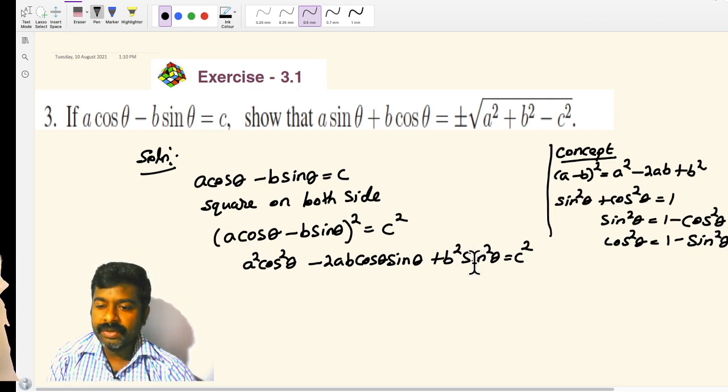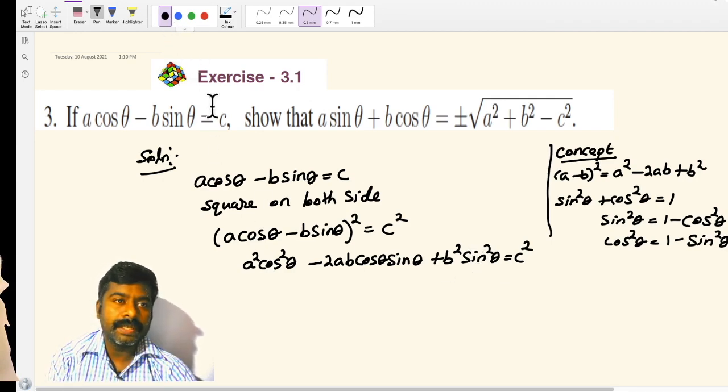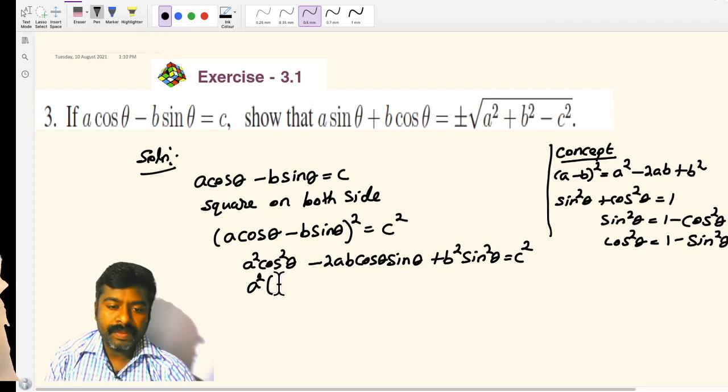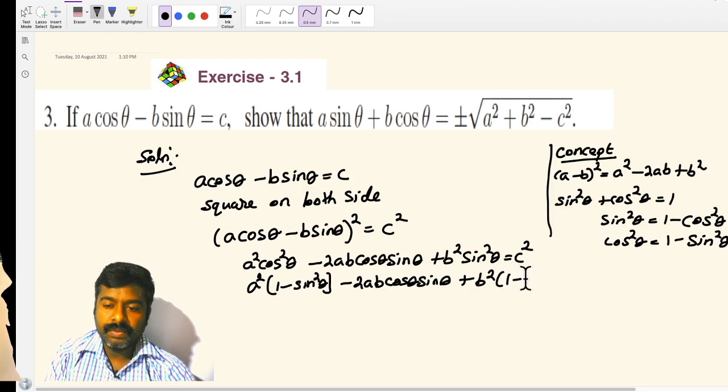Therefore a square times 1 minus sin square theta minus 2ab cos theta sin theta plus b square times 1 minus cos square theta equals c square.